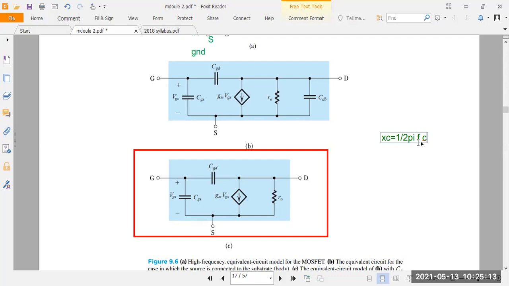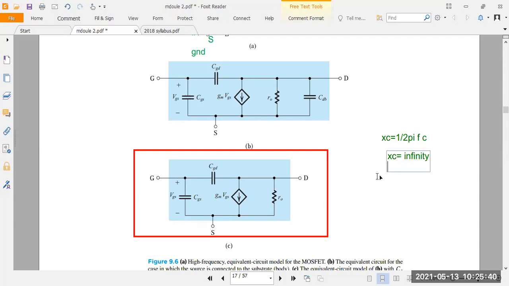Okay, consider for this equation that the capacitor is 0. What is Xc now? When the capacitor is 0, the reactance of the capacitance is infinity.